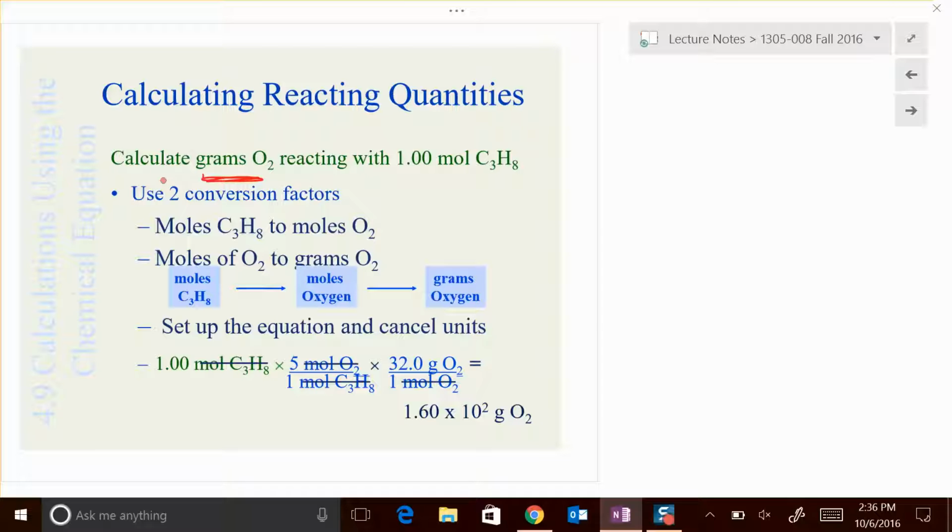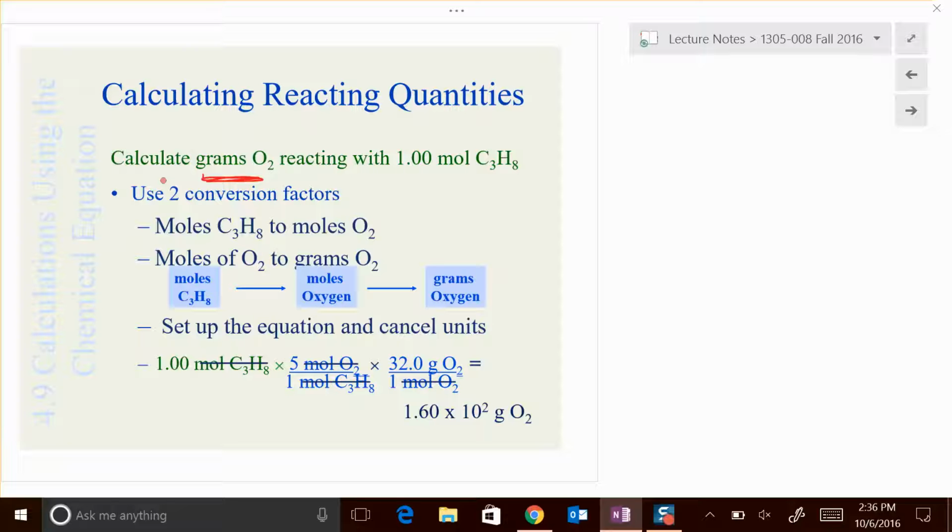Moles of C3H8, and I want to go to O2. So I can't go directly to grams. First, I have to convert from the moles of C3H8 to the moles of oxygen. That's my first step. So from here to here, and then I can convert to grams of oxygen.